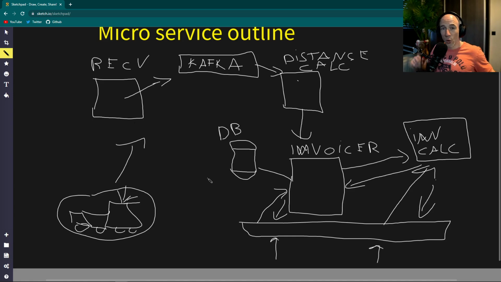But if you want to be a Golang professional, most of the time you're going to be doing these kinds of things. You're going to make these services. Maybe you're responsible for the receiver. Maybe you're in the team of the distance calculator, or responsible for the distance calculator and the invoicer. You know what I mean? So it's very important.